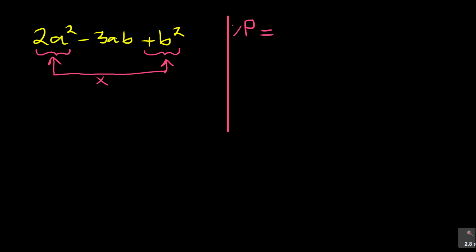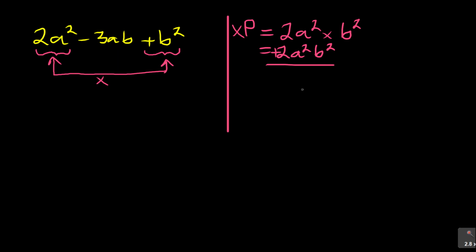Remember, product means times. So I'm multiplying 2a squared times b squared. It's very important to take the signs, but since it's positive, I'm just focusing on the numbers. If it was negative, I would need to include the negative sign. So 2a squared times b squared, I'm getting 2a squared b squared. That's my product.